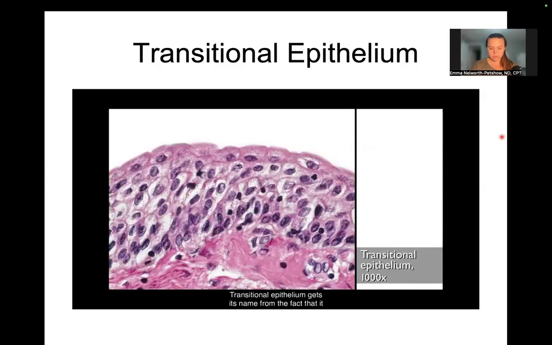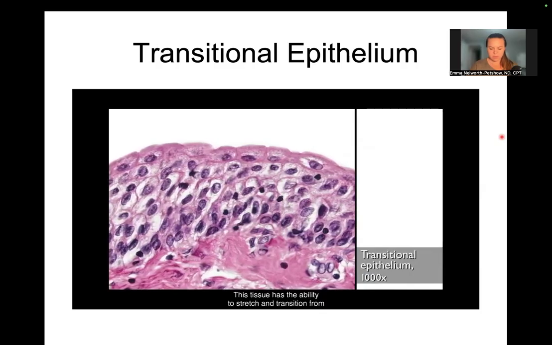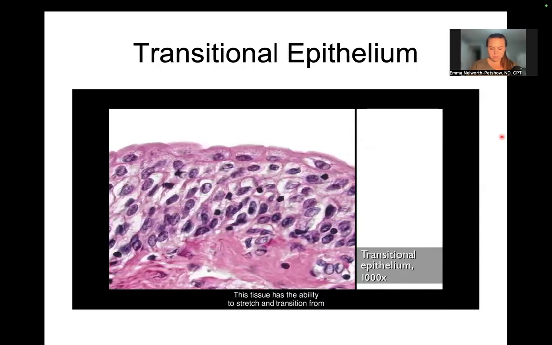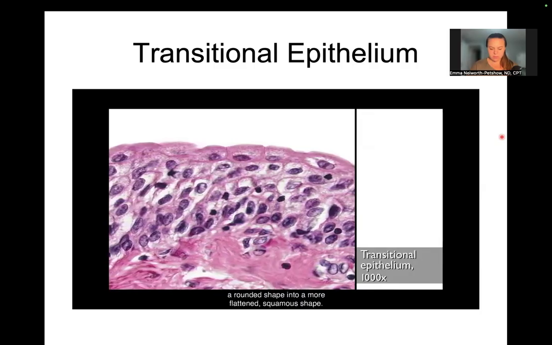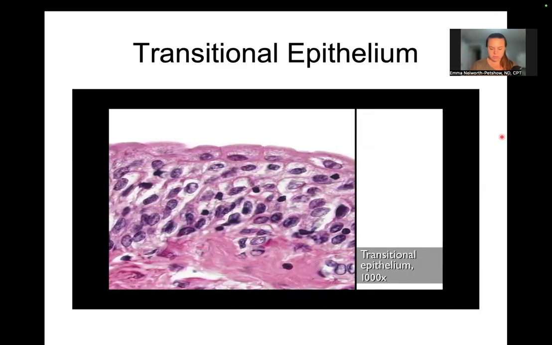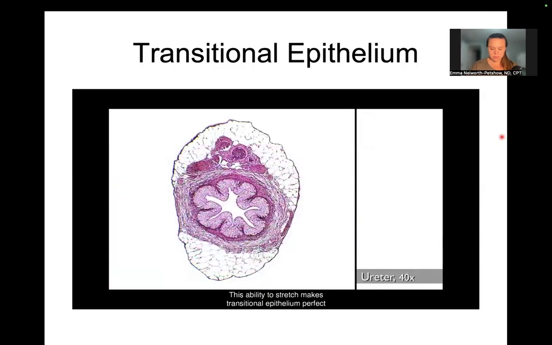Transitional epithelium gets its name from the fact that it can undergo a physical transition. This tissue has the ability to stretch and transition from a rounded shape into a more flattened squamous shape. This ability to stretch makes transitional epithelium perfect for lining the urinary tract.